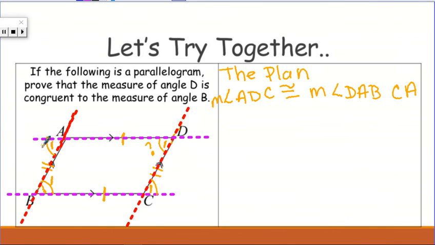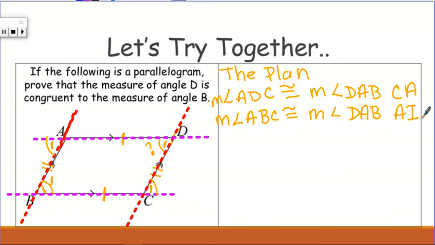And I can say the measure of angle ABC is also congruent to the angle DAB by alternate interior angles.